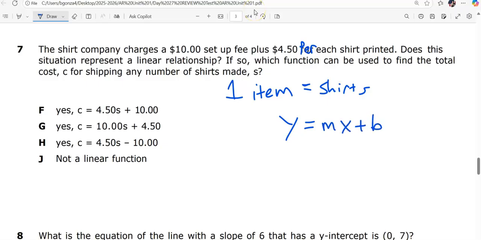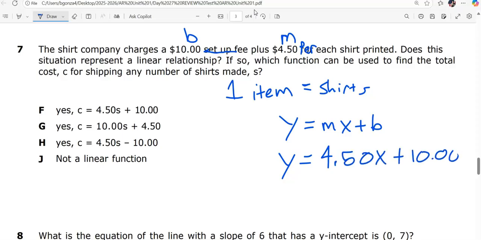M is the changing rate, which is per shirt. And where I begin, the setup, is at 10. So y equals 4.50x plus that beginning $10. H is actually a distractor because of that minus sign. G is all wrong, but F is correct.